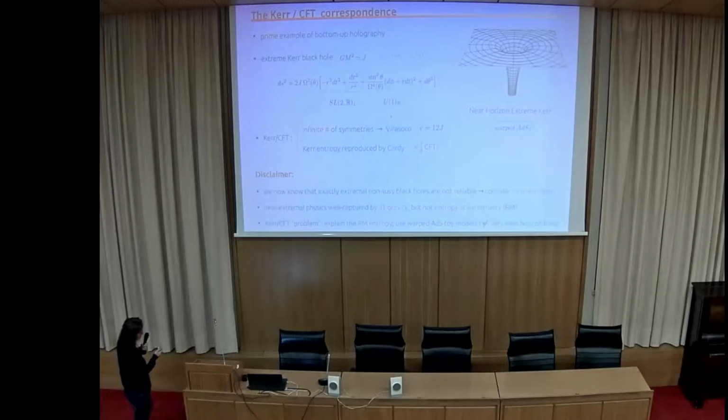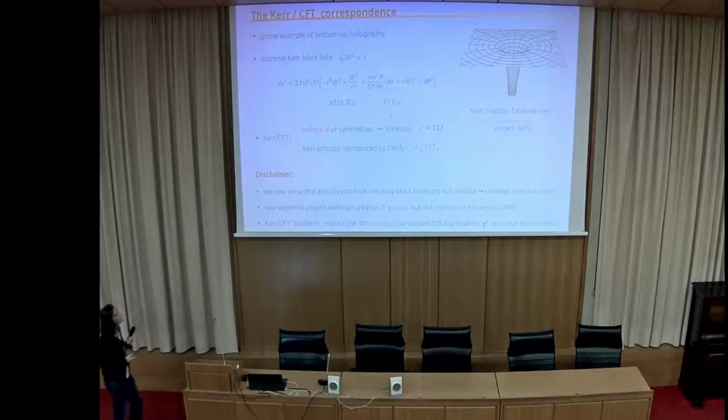Now, of course, one has to look at this from a more modern perspective. We have since learned that for exactly extremal non-supersymmetric black holes, you cannot really rely on the classical approximation. So in order to trust it, we should consider instead near-extremal black holes.